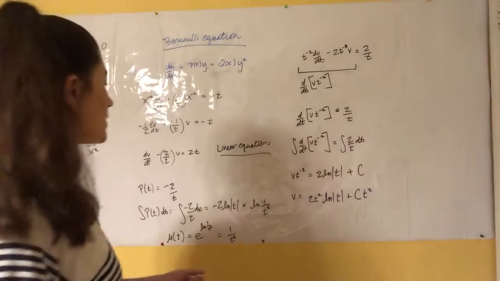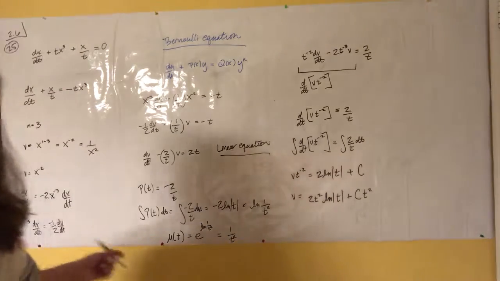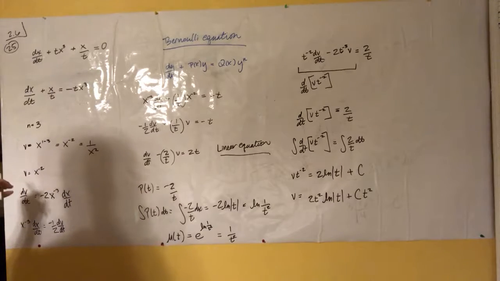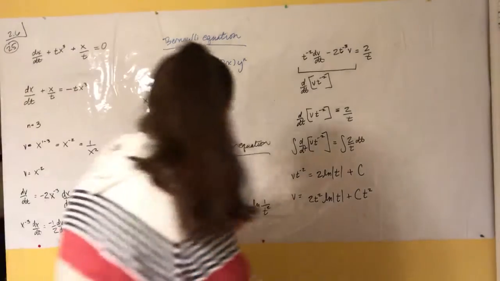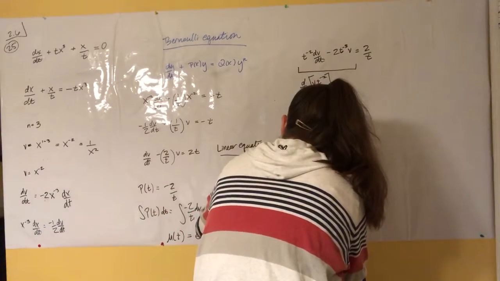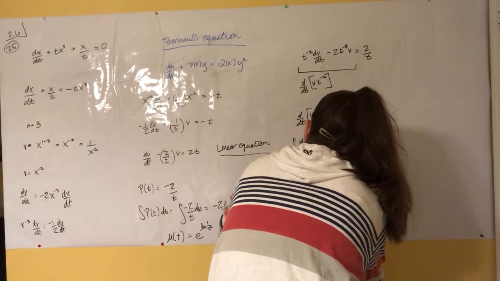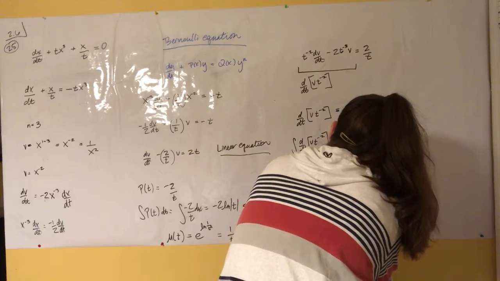Okay, you're almost done, except you want the answer to be in terms of the original variables. In this case, it was x. So v is equal to x to the -2, or 1 over x squared. So 1 over x squared is equal to 2t squared ln t plus ct squared.